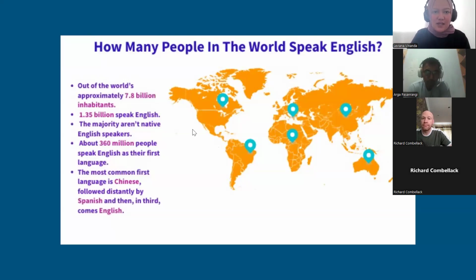If you look at this infographic, at the second bullet point here, 1.35 billion people speak English. And the third bullet point says the majority aren't native speakers, or I prefer to call them L1 English speakers, which means their first language is English.